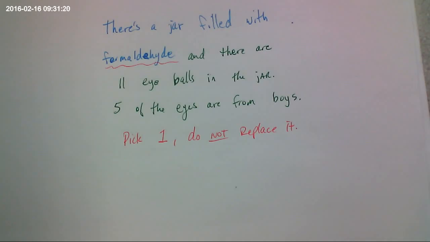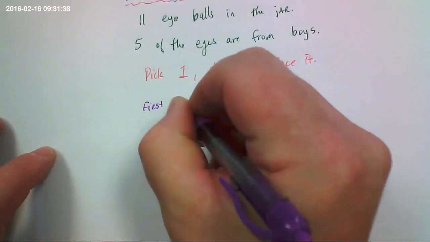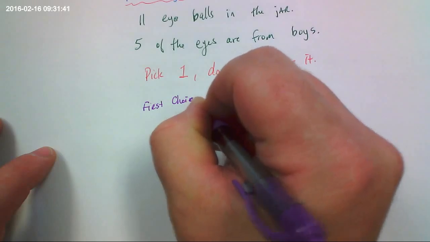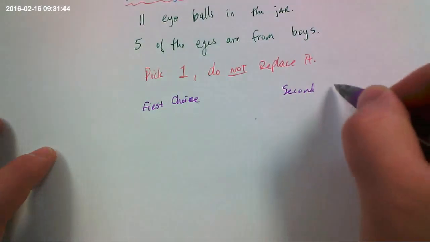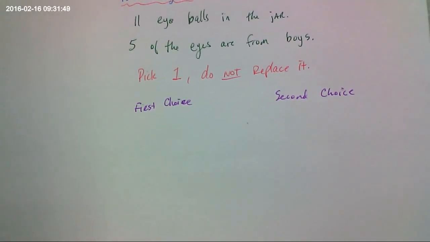So what we're going to do right here is make a tree diagram of all of the possibilities of how the choices could work, with first choice and second choice, and put all the probabilities associated with those choices.